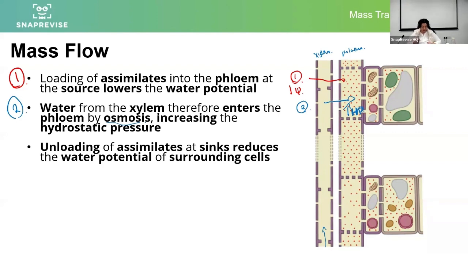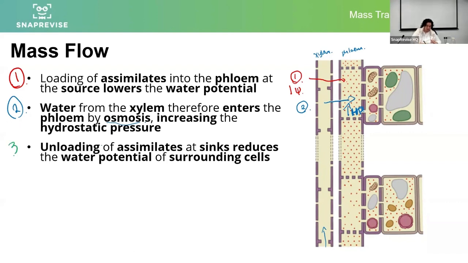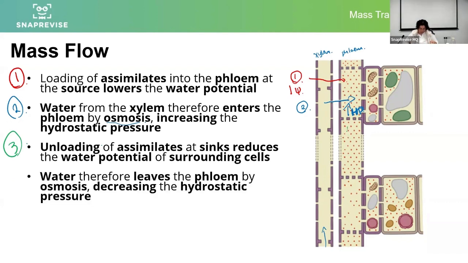Step number three, let me change color. Now you have an increase of hydrostatic pressure up here, which creates a net push of the water plus assimilates, the sap, downwards. So there's going to be a big push downwards.